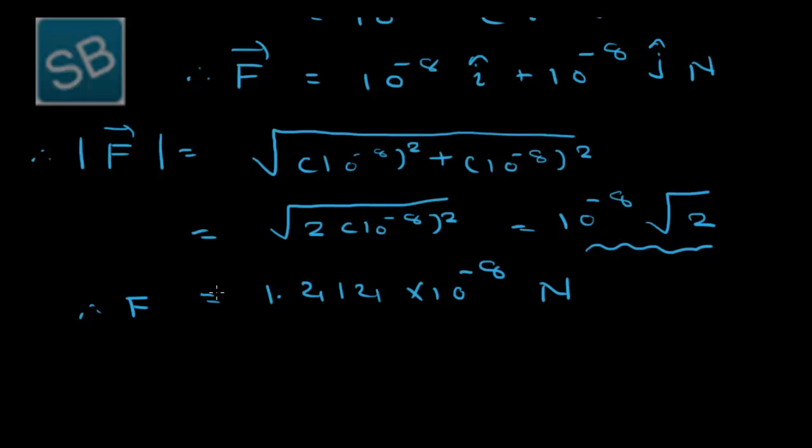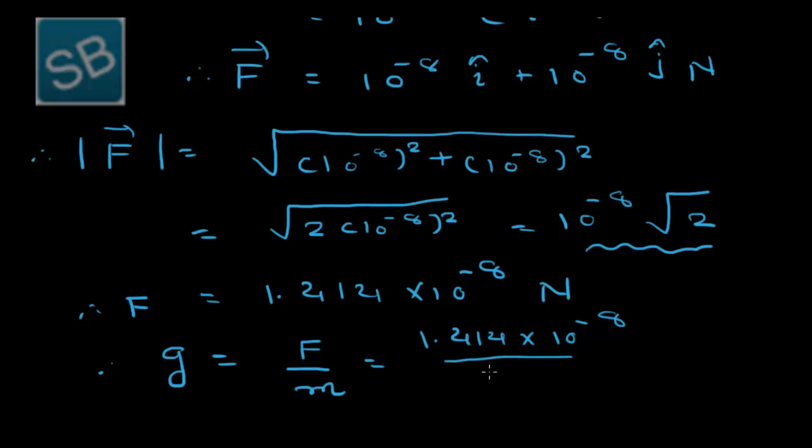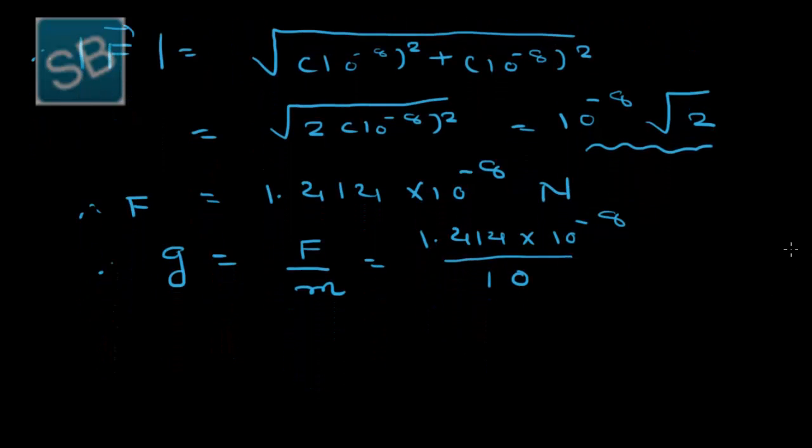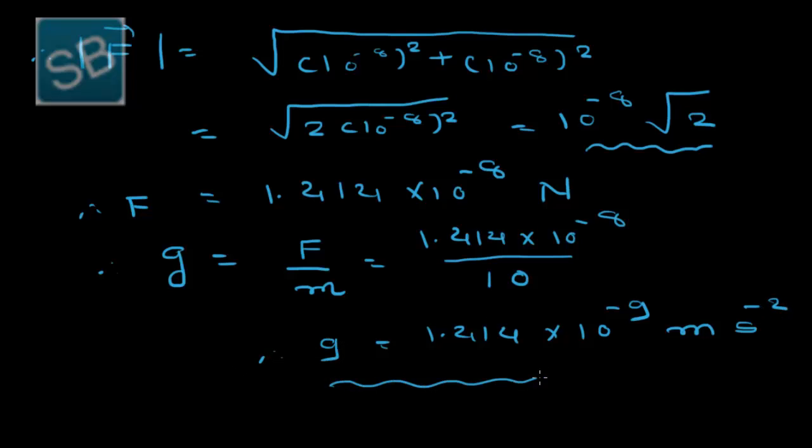Now, I have to find the value of gravitational acceleration. According to Newton's second law of motion, it is F over m, that is equal to 1.414 into 10 to the power minus 8 divided by 10, that is equal to 1.414 into 10 to the power minus 9, and don't forget to write the unit meter per second square, or you can write it as ms raised to minus 2.